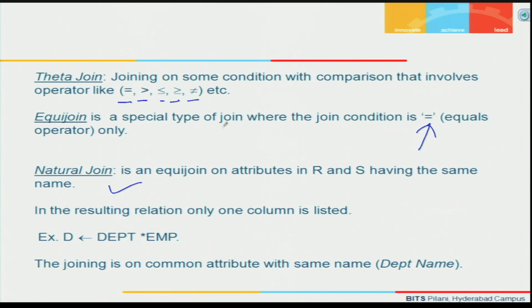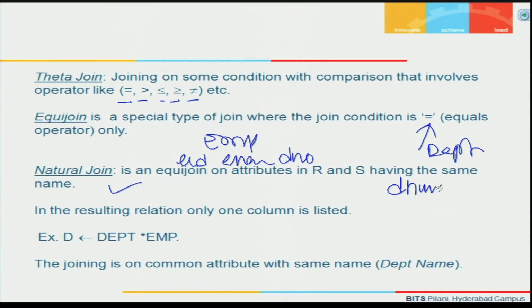So for example, if I have employee table with employee ID, employee name, and then DNO, and then I have department table with DNO, dnum and then dname, now I cannot join the tuples spread across employee and department table using natural join, because there is no commonality with the names of the columns.